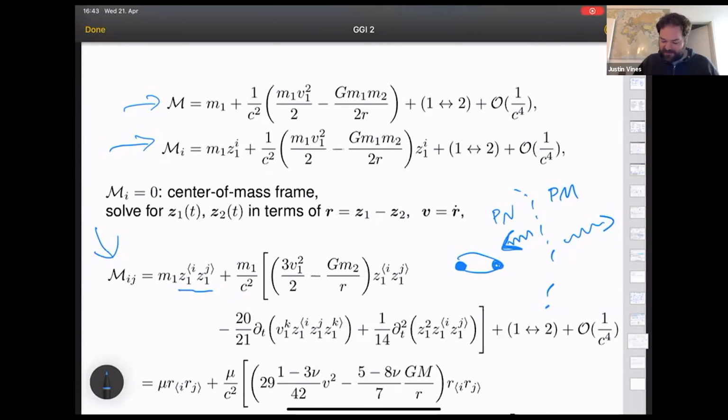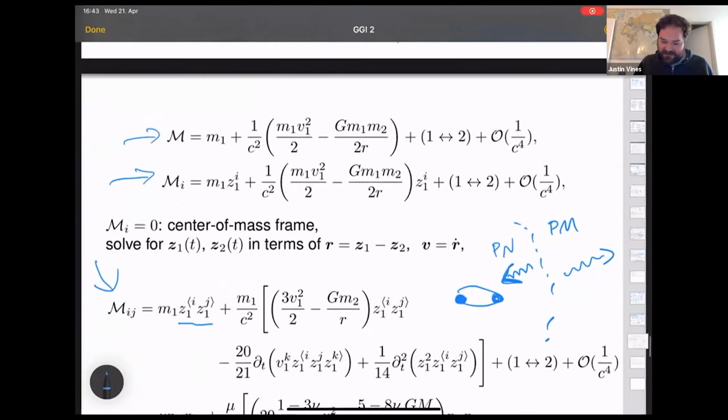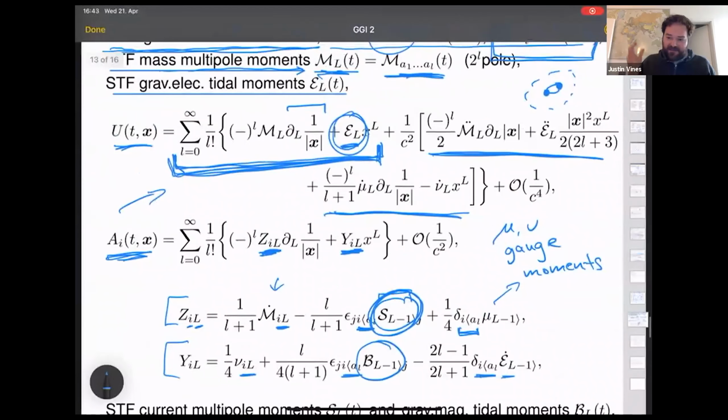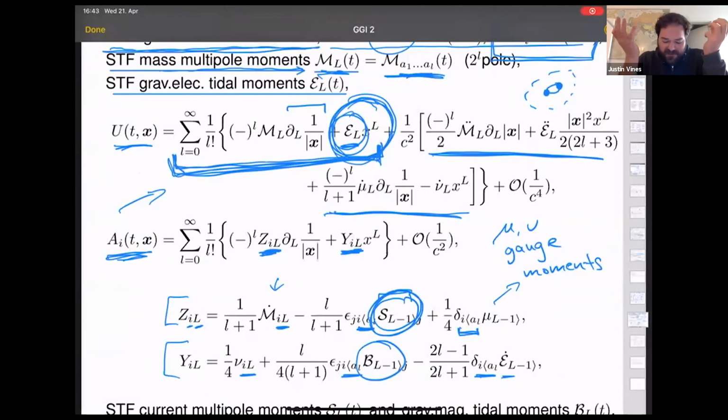And within this setup, one way of looking at radiation reaction is to say that it enters back into the near zone post-Newtonian system through effective tidal moments from the external universe. So in fact, part of this matching calculation will be determining these tidal moments from the external universe, or that term in the potential will become the so-called radiation reaction potential.